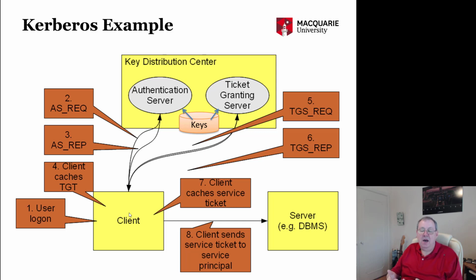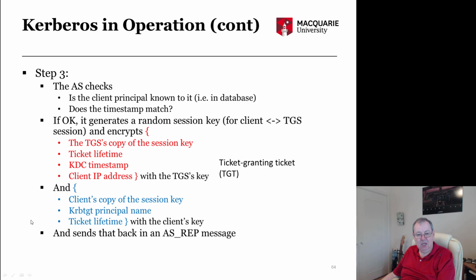What authenticates the client is really step 3 and step 4, when rather than asking the client to prove that it's given the right password, instead the authentication server sends back some information which is only useful if it's decrypted with the correct key, which was created in response to the correct password. But all these AS replies are encrypted using the client's key. Okay, if you go back and look at step 3, this is all encrypted with the client's key.